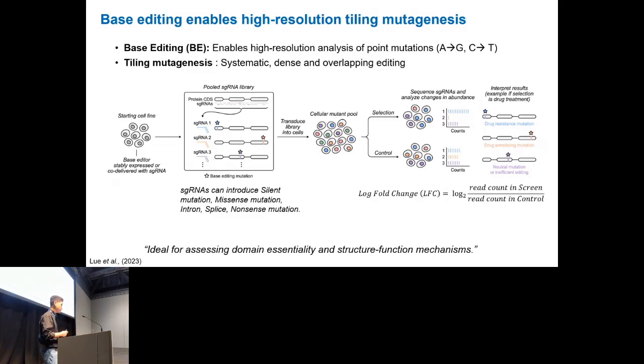We calculate log-fold changes between the control group versus those cells with the mutations. Then we can tell the mutational effects on protein function, drug resistance or sensitivity, and also cell viability. So I would say that base editor tiling screening is ideal for assessing protein domain essentiality as well as structure function mechanisms.